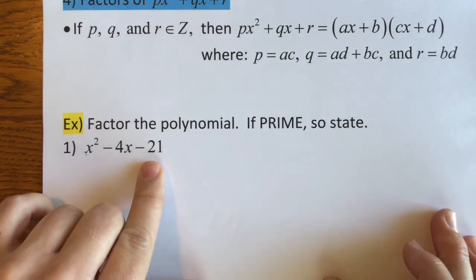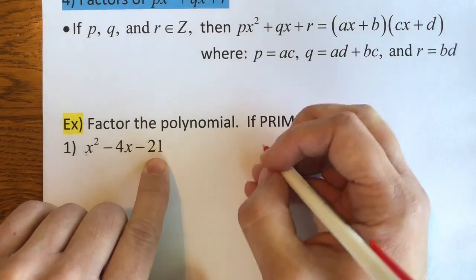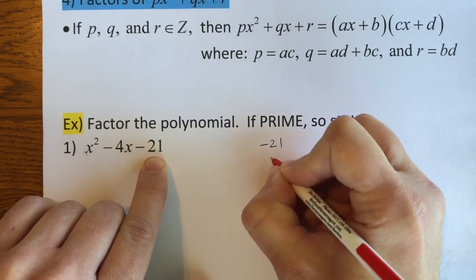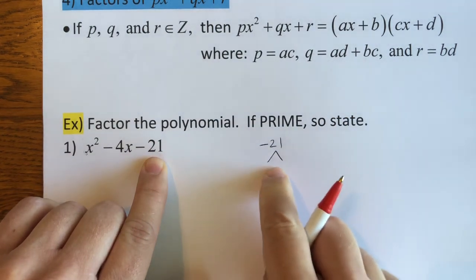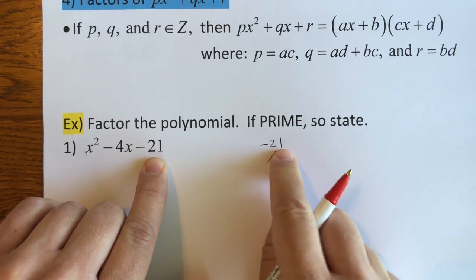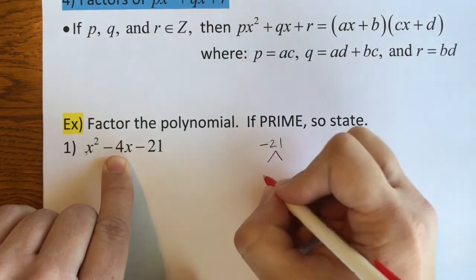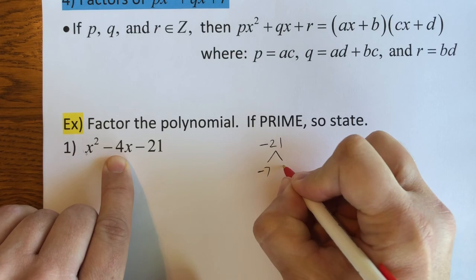Now, if you can't do it like that, one other technique is to write down the constant term. So -21, and then think, what 2 factors of this -21, I just told you, would when added together give you a -4? Well, that would be a -7 and a 3.